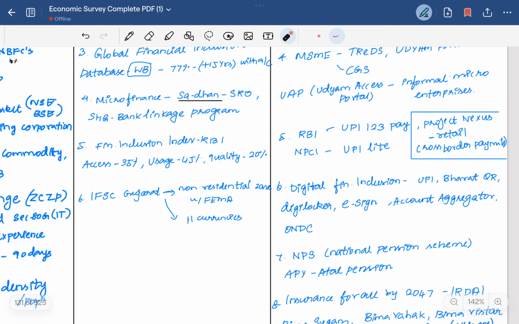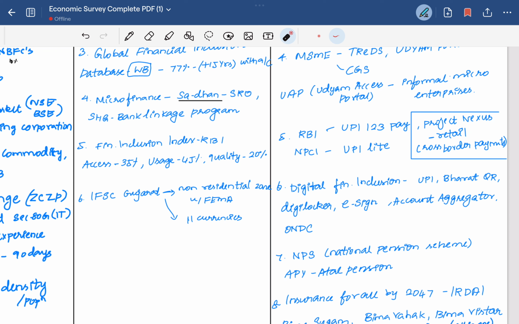Then the IFSC Gujarat, the International Financial Services Centre, which is also known as GIFT City in Gujarat, basically acts as a center where international finances and foreign development are regulated to increase foreign investments and the growth of the economy overall.